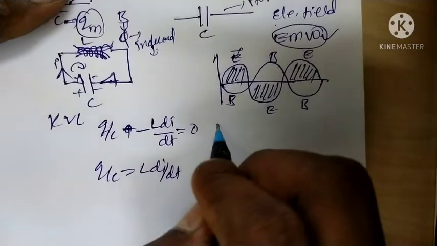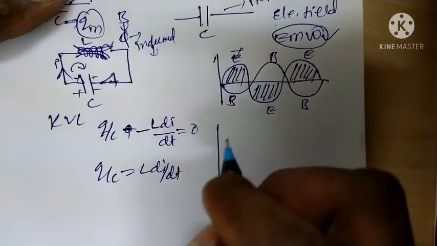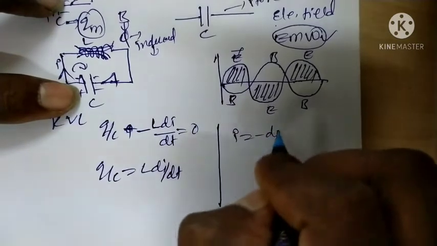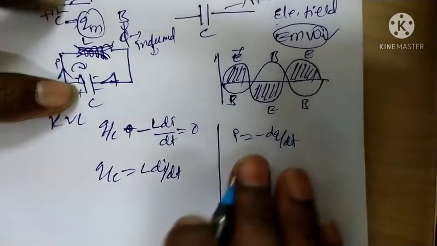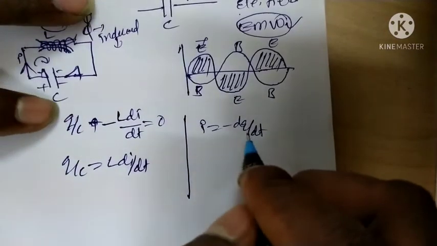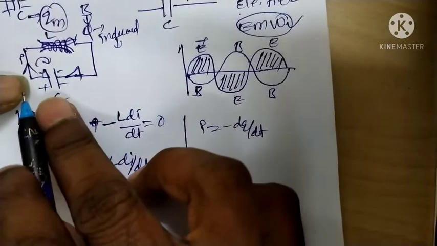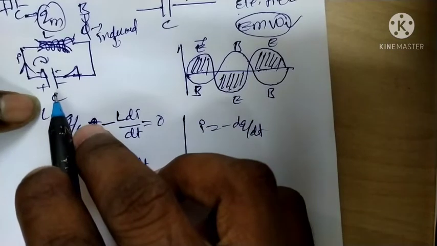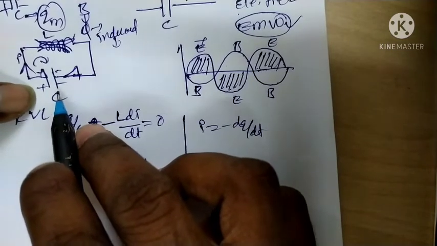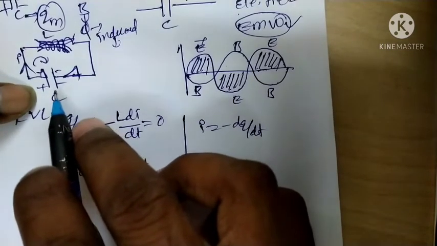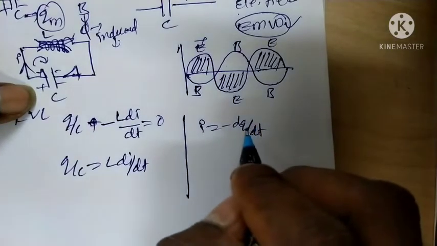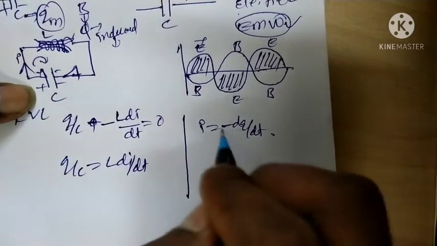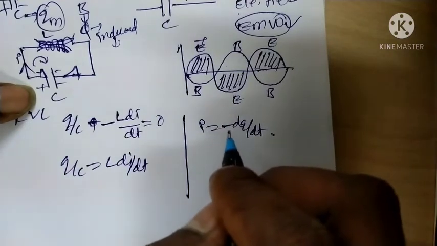The current passing through the capacitor is equal to minus dQ by dt. What does the negative sign mean? Here current is passing through the circuit and the capacitor is discharging.